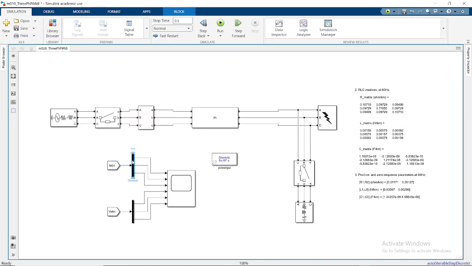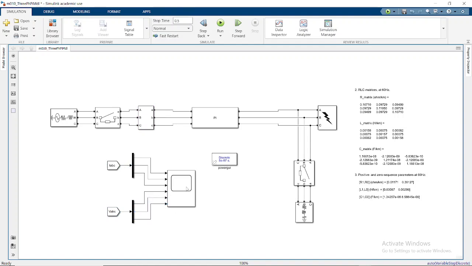That label I have connected here by using the From block. It is called a demux. The multiplexed signal, that is, the three signals in this line, IA, IB and IC, gets separated into IA, IB and IC. Similarly the voltage signals get separated into VA, VB and VC.